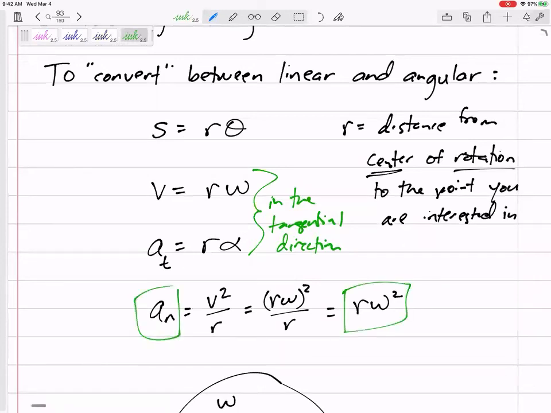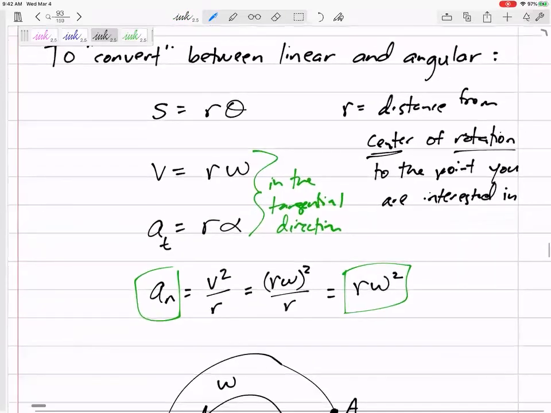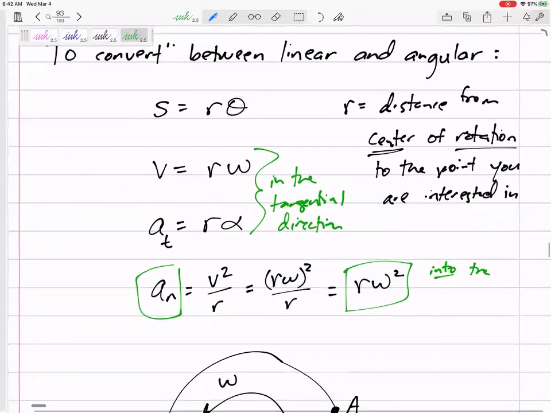You could still do V squared over R. But if they give you the angular velocity omega on a silver platter, why not just do R omega squared to find your normal acceleration? And this is into the curve.